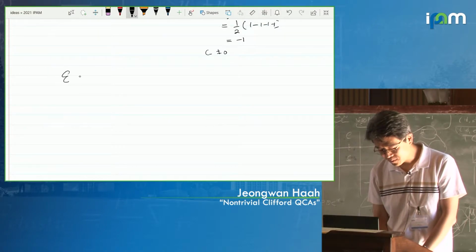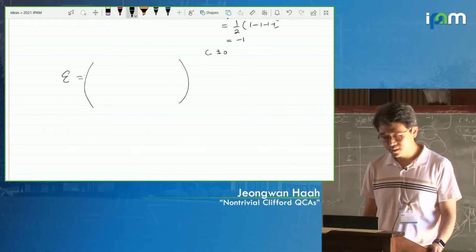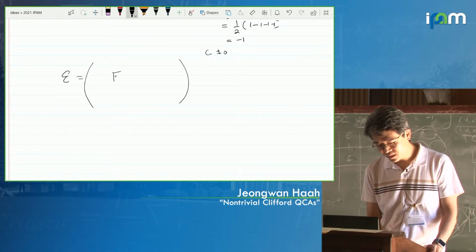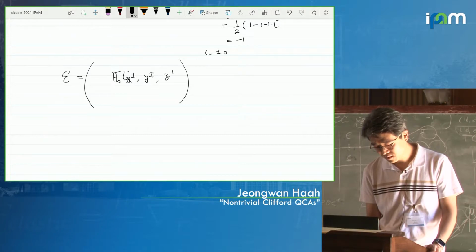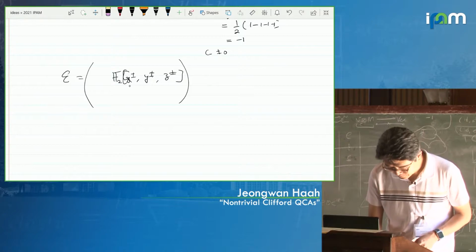I introduced a special matrix, which I denote epsilon, consisting of entries drawn from this Laurent polynomial ring.